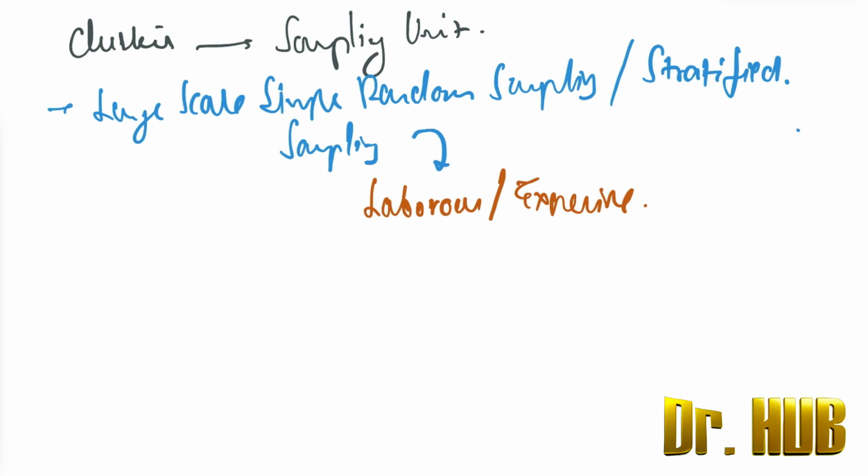This is the method used for assessing the immunization status of children. This kind of cluster sampling is used for the immunization status in the case of children.